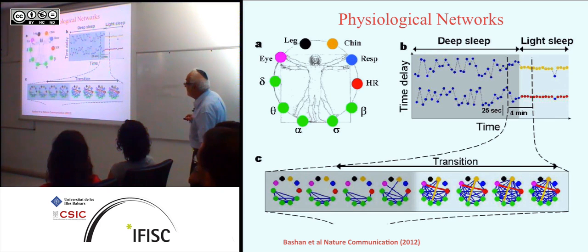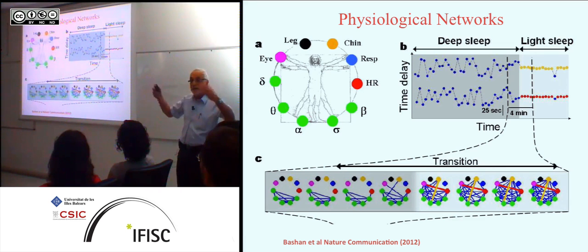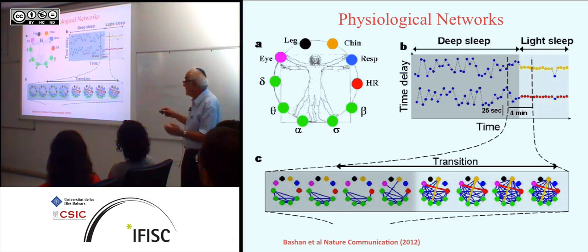There are only links inside the brain. However, when you go to light sleep, all interactions appear. All the systems appear. It means that in deep sleep the brain becomes isolated. It sleeps very well, that's why maybe. And then only later, when you go to light sleep and also REM and also wake, they are more connected.